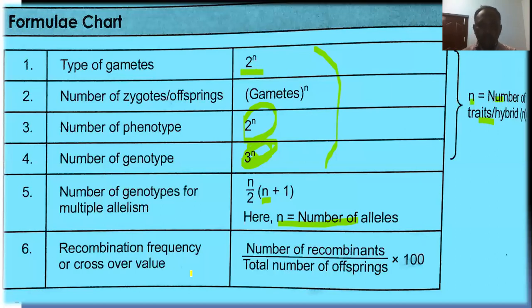So in dihybrid, the 4 types of phenotype we observed: round yellow, round green, wrinkled yellow, wrinkled green. Except round yellow and wrinkled green, the round green and wrinkled yellow both are non-parental. So for calculating that, you can call it recombination. To calculate the recombination percentage or frequency, the formula is number of recombinants divided by total number of offspring into 100. Okay, this is the formula you have to use.